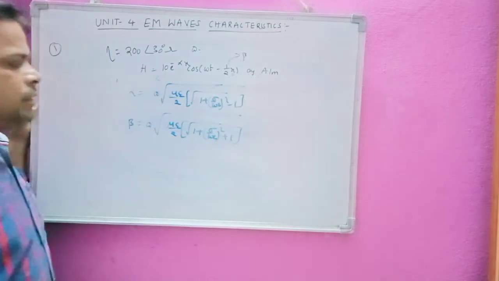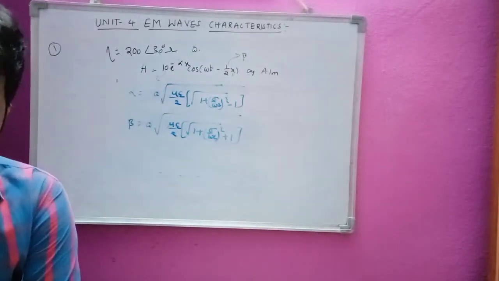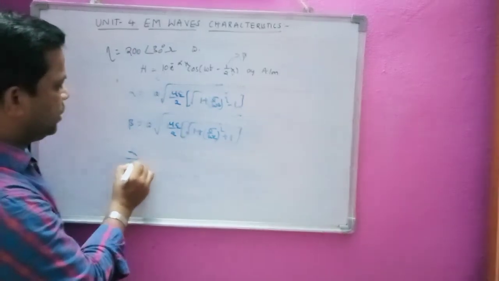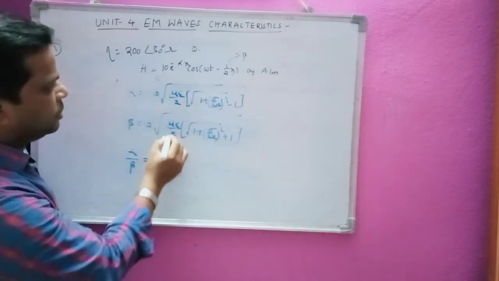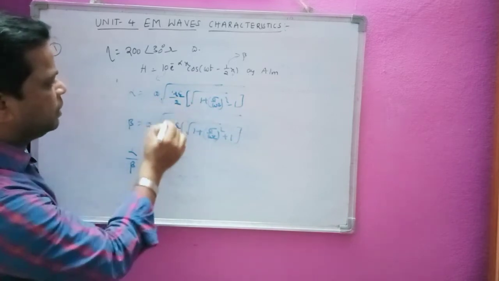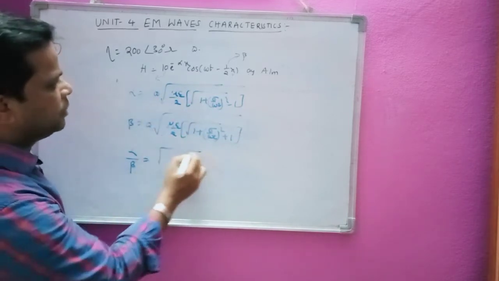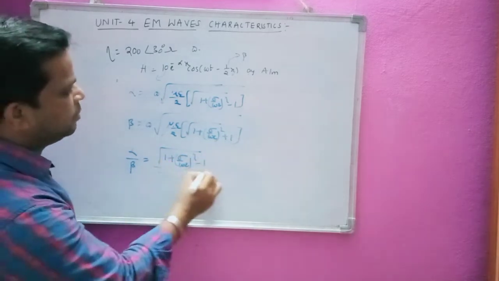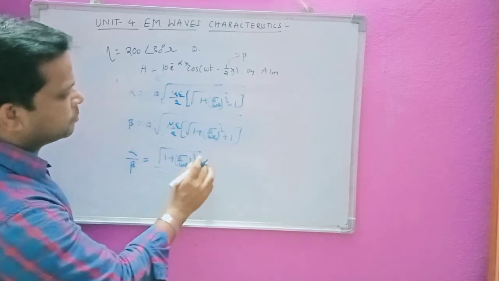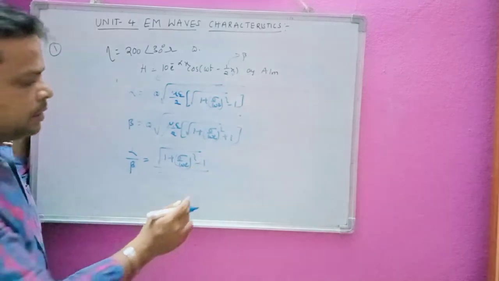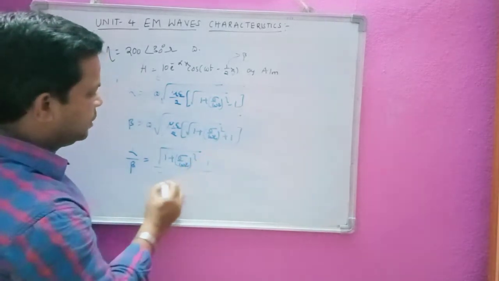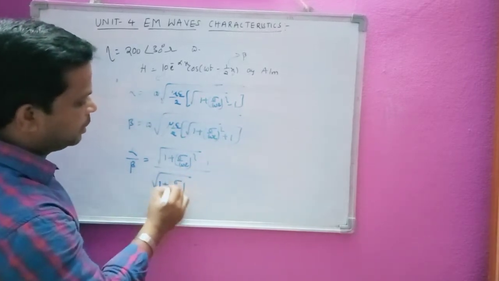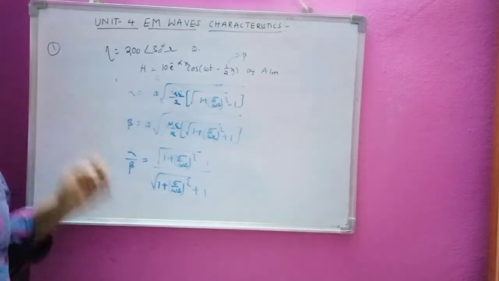Now in order to calculate this, let us take the ratio, that is, we will divide alpha by beta. If I divide alpha by beta, the common terms cancel and we are left with square root of 1 plus sigma by omega epsilon whole square minus 1, by square root of 1 plus sigma by omega epsilon whole square plus 1.